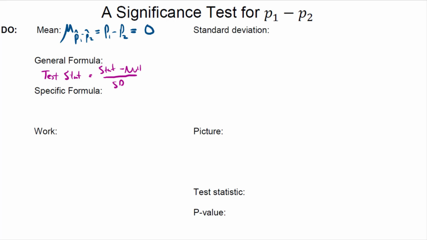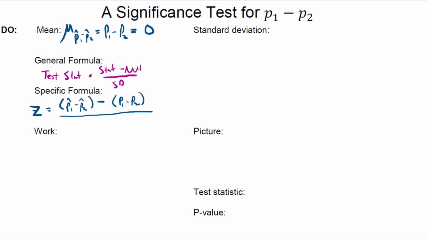Our test statistic will simply be our z. Our statistic up top is going to be our p1 hat minus p2 hat, minus our null value, which you shall see is 0, but we're going to write out p1 minus p2. And we're going to divide it by our standard deviation.